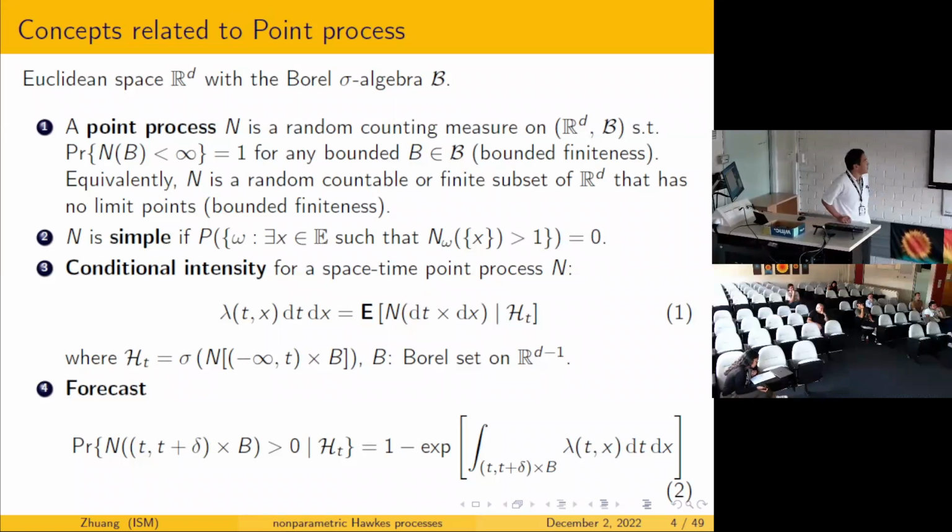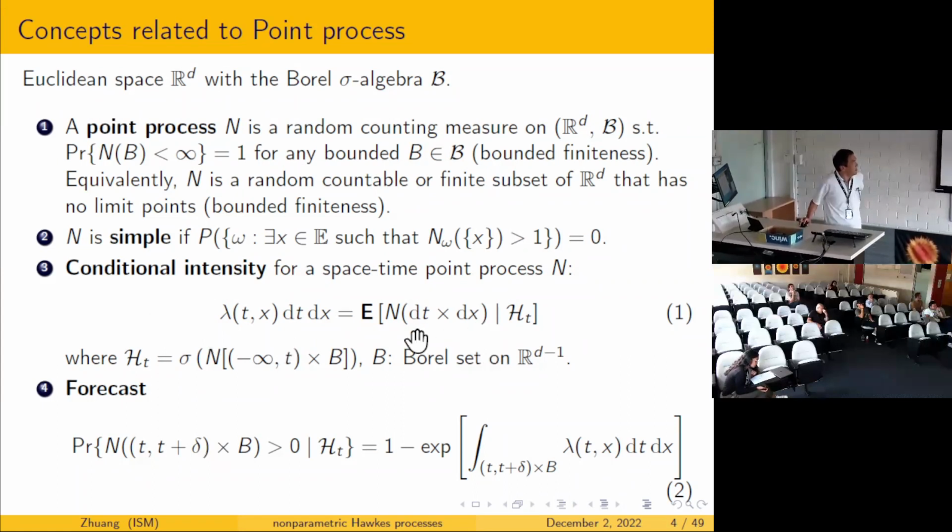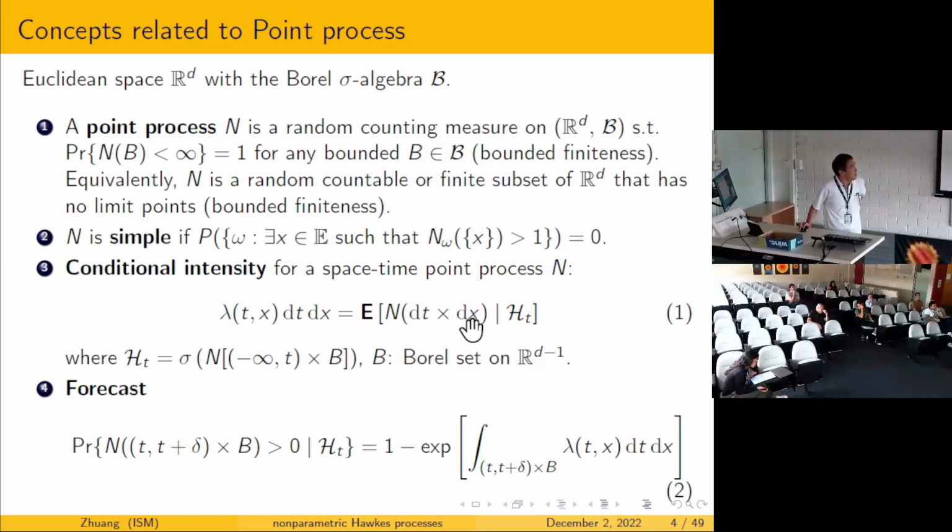For the concepts used in point processes, I think one of the most important is the conditional intensity. It is the expected number of events per unit time and space, given the history up to time t, but not including t. Here I assume the history at time t is left continuous.